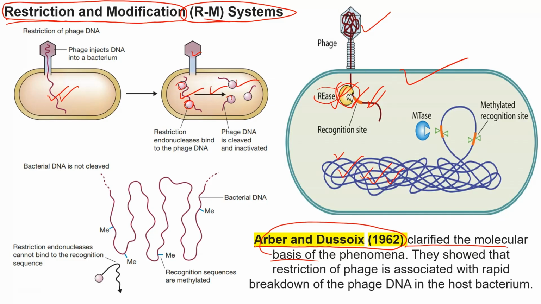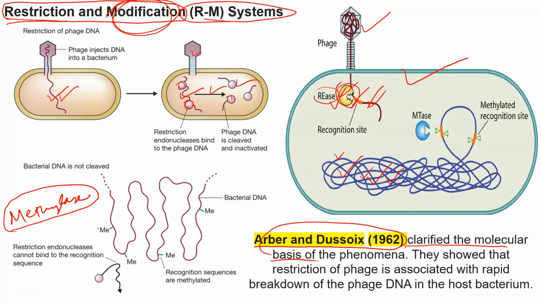So there must be some other mechanism by which the bacterium is protecting its own DNA, and that system is known as the modification system. The modification system is nothing but having another enzyme that is known as methylase. So what does methylase do?